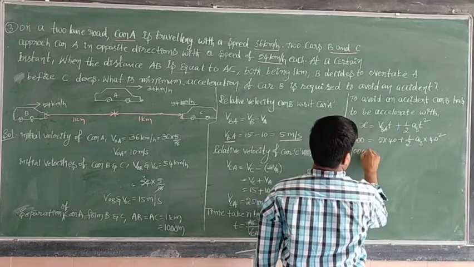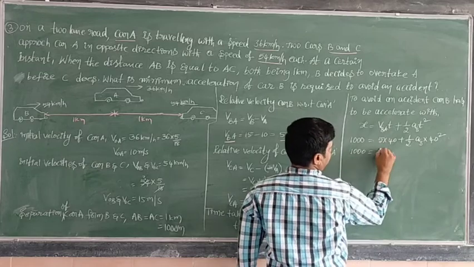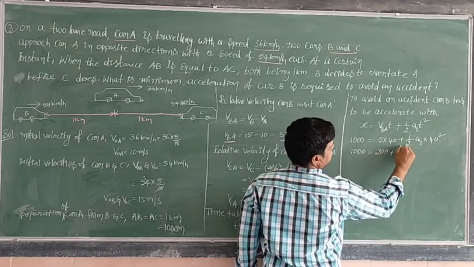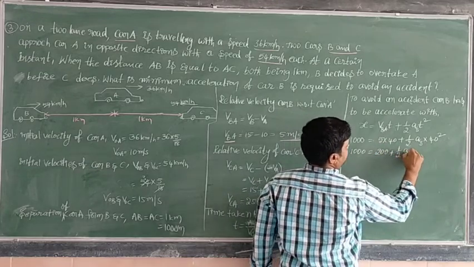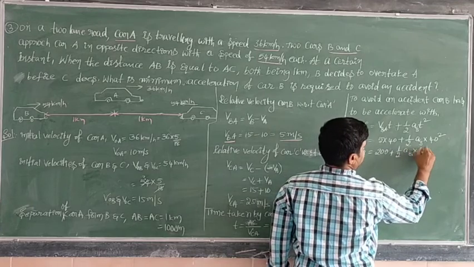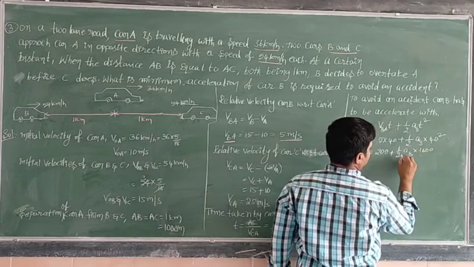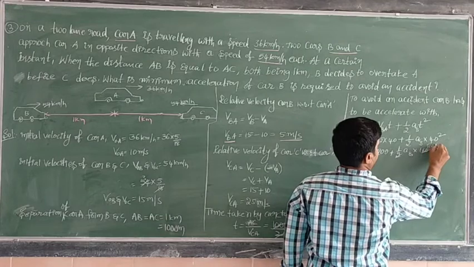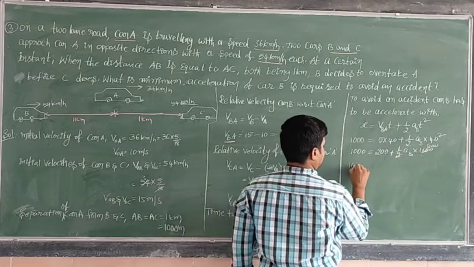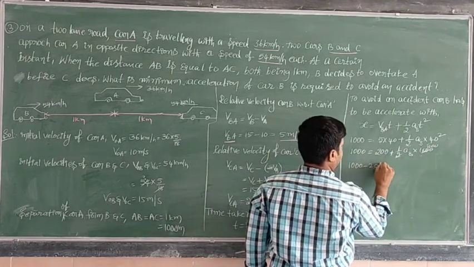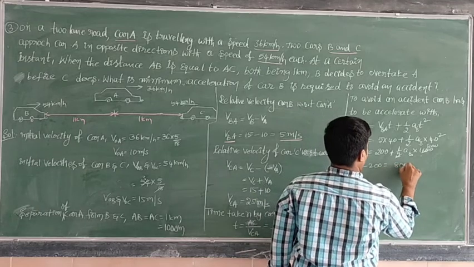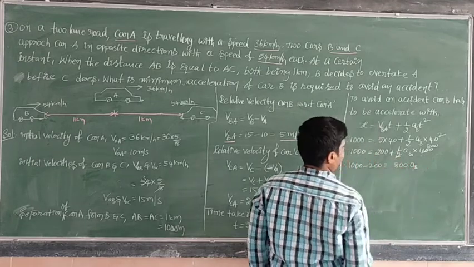So 1000 equals 5 into 40, which is 200, plus half A_B into 40 squared, which is 1600. So half cancels to 800. The 200 comes to this side, so 1000 minus 200 is equal to 800 into A_B, the acceleration of B.